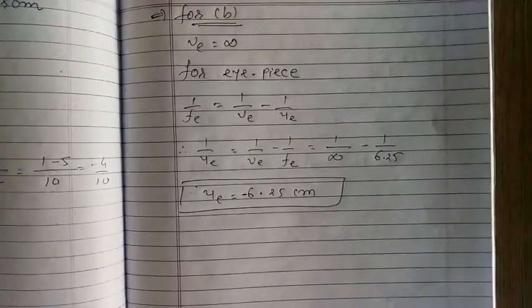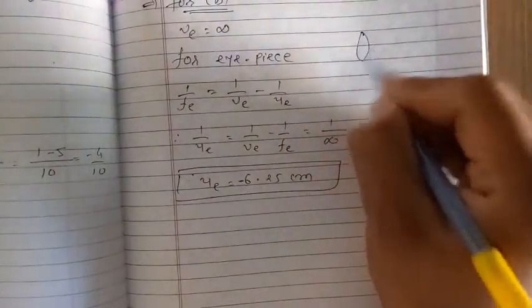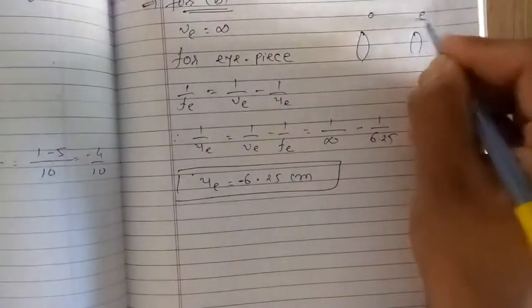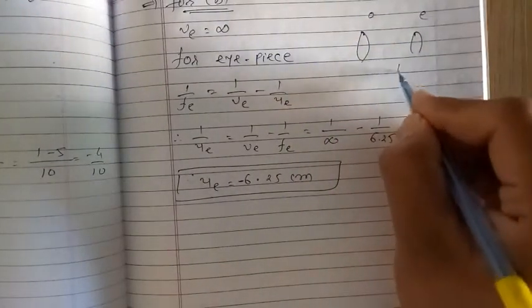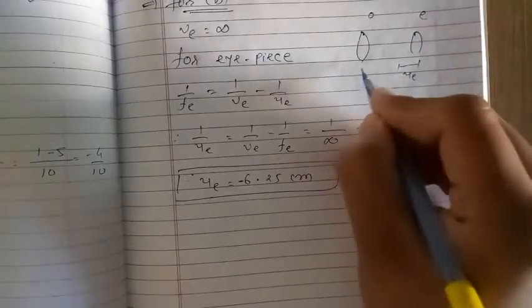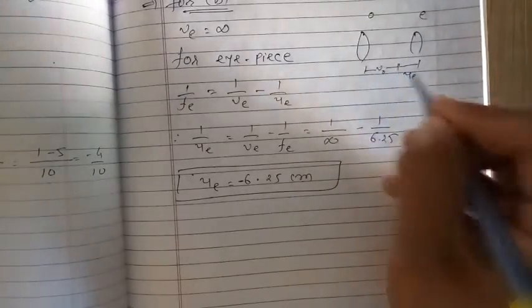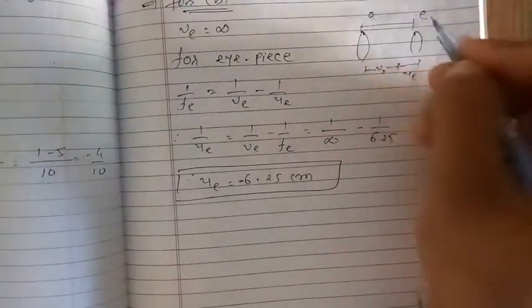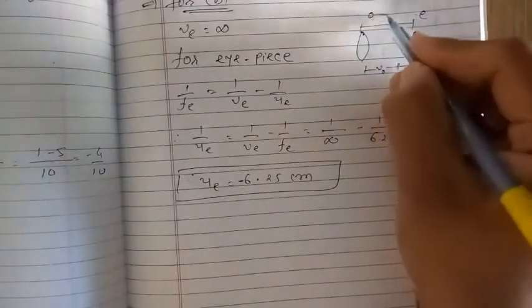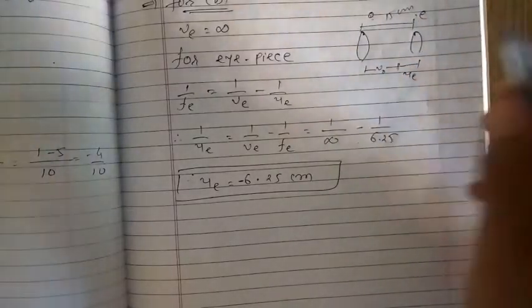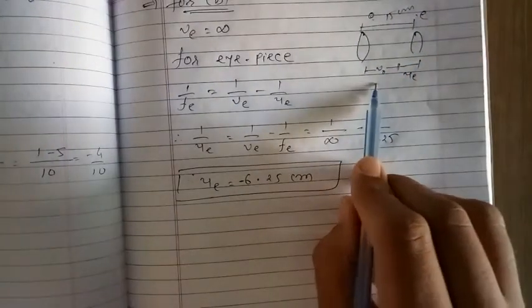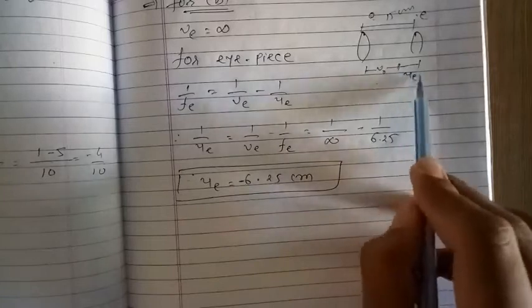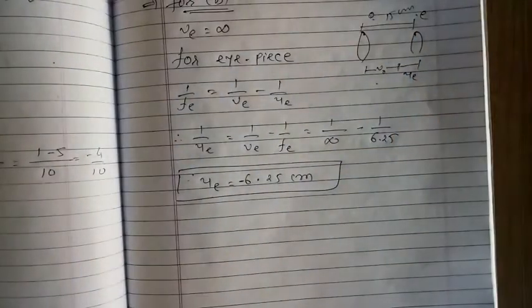Now again, this is objective, this is eyepiece, right? Here this is the UE, here this is image distance from objective, and this is the distance between objective and eyepiece. This distance is 15 centimeter. So to find out VO, you have to subtract UE from 15.